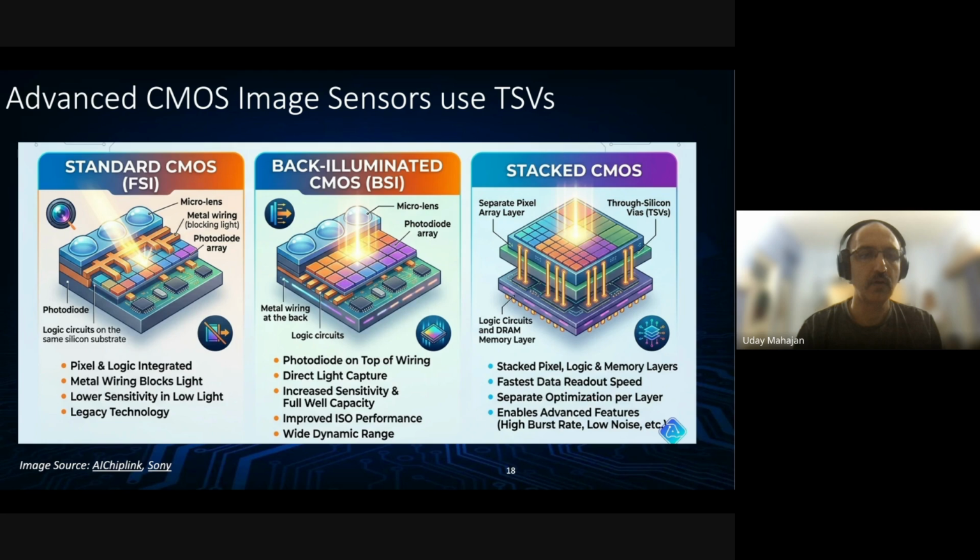So images of moving objects, high frame rate videos, as well as much more powerful on-chip post-processing. And companies like, say, Apple, with or without the DRAM, have been using TSVs to connect the pixel layer and the logic layer for many, many years already, working with their partners in Sony.